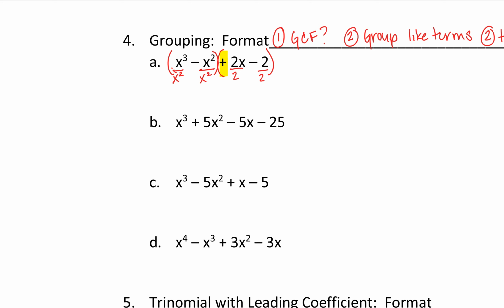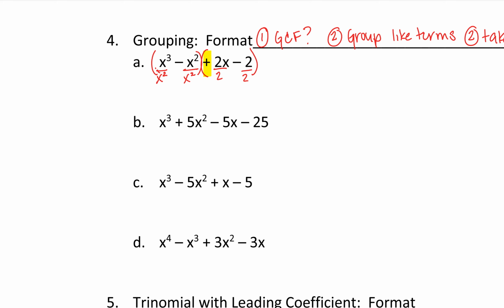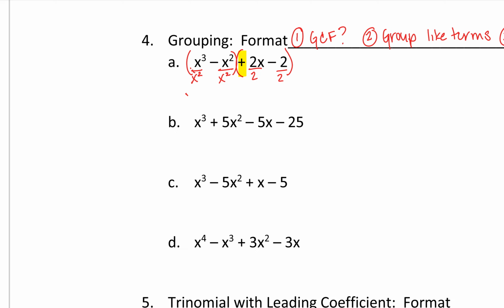So I'm going to take that x squared and that positive 2 that I pull out, and I'm going to put them in their own parentheses. Actually, no, I'm going to show you a different way. I apologize. I'm going to take them and I'm going to do my division. All right, so that x squared comes out front, and I end up with an x minus 1 remaining.